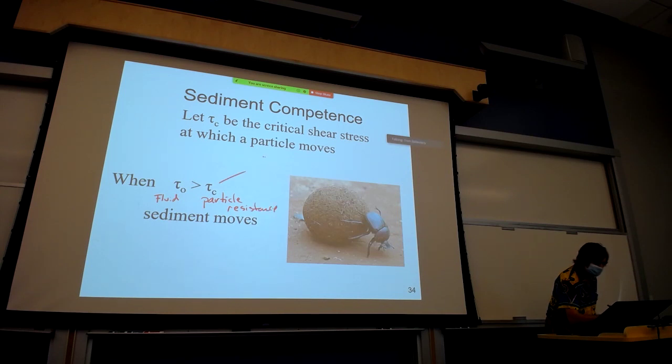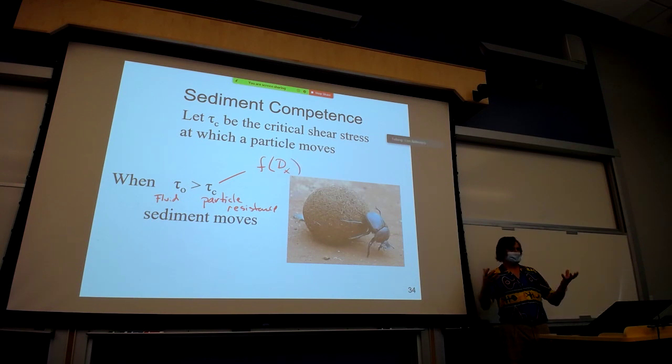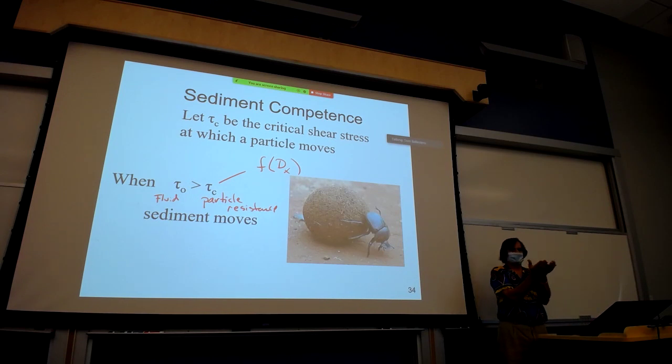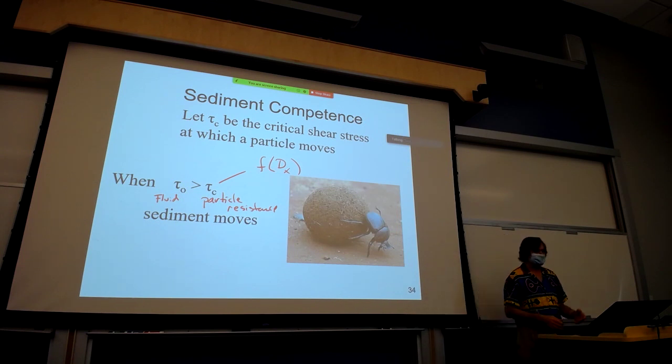So typically tau c, the resistance, is a function of the particle size. The larger the particle size, the more it can resist. And so we calculate tau 0, the fluid's ability to create shear stress on the bed. And if it doesn't exceed the ability to resist, the particle stays there. Same thing with a fish swimming.